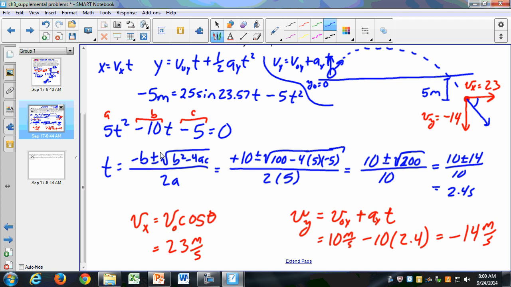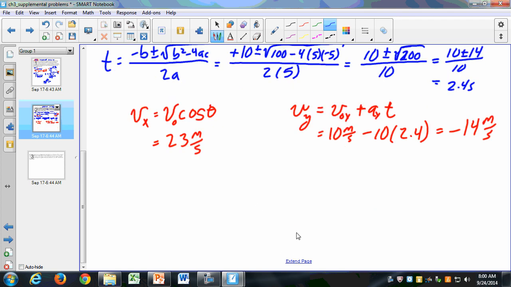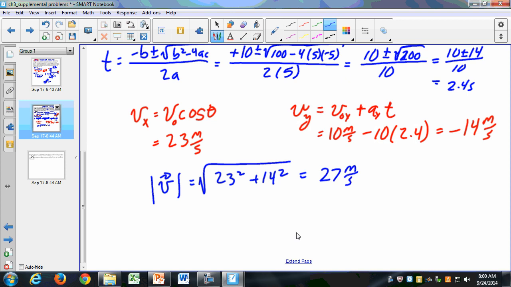All right. So then I can find my resultant. At that time, square root of 23 squared plus 14 squared. Just drop the negative because it's squared, and I get 27 meters per second. And I can find the angle too.